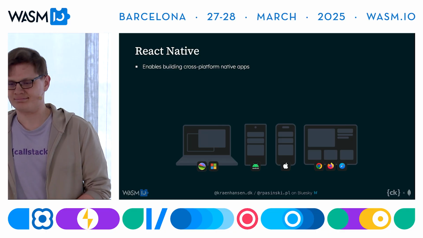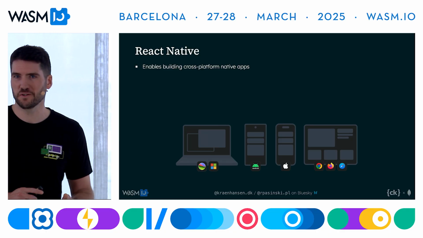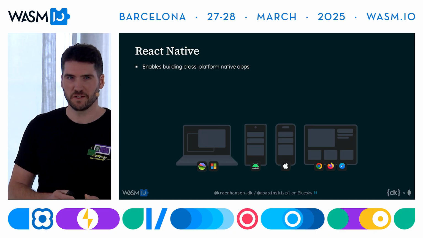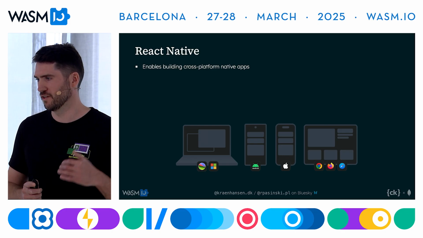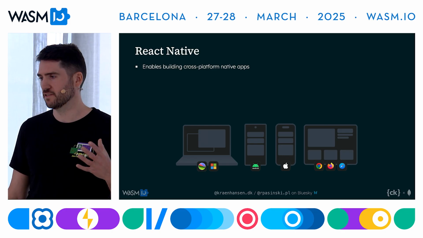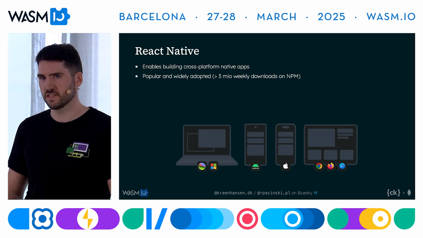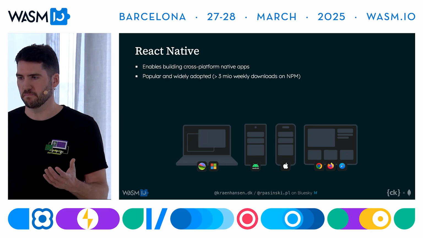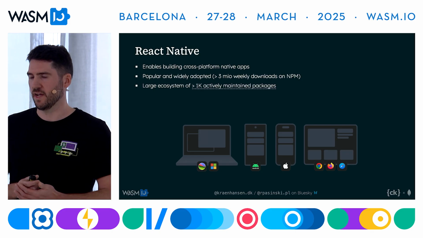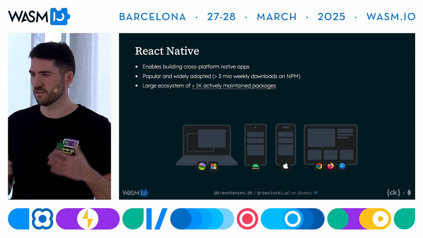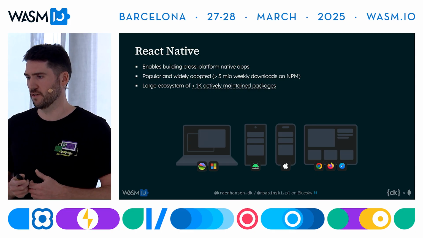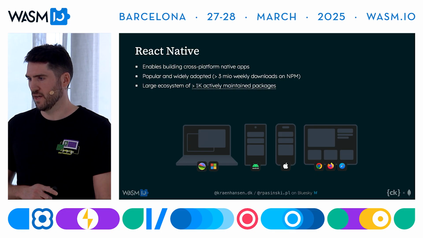Awesome. So React Native. I imagine most of the folks in the audience are familiar with WebAssembly and less familiar with React Native. So just a quick rundown. In its essence, React Native is a toolkit to build cross-platform native apps written mainly in JavaScript and TypeScript. And they run on iOS, Android, desktop, macOS, Windows, and also on the web. It's very popular.